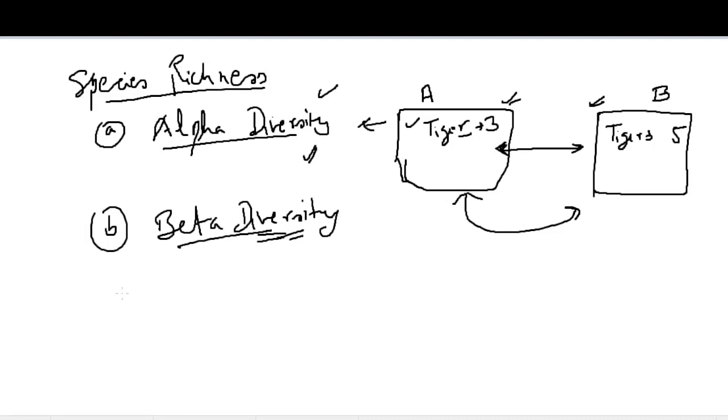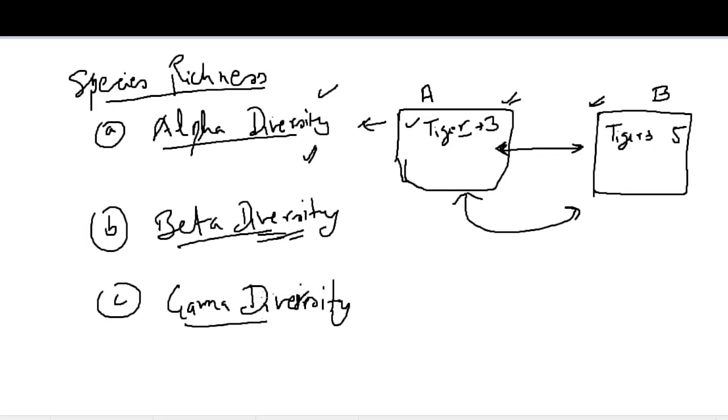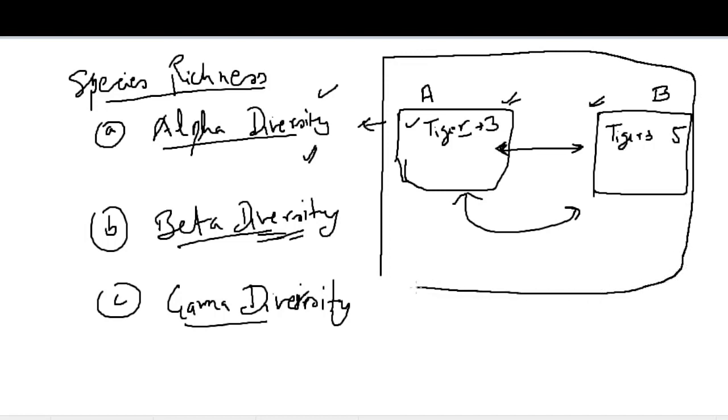Okay, now moving ahead is gamma diversity. So what is gamma diversity all about? Gamma diversity takes into consideration all the ecosystems.